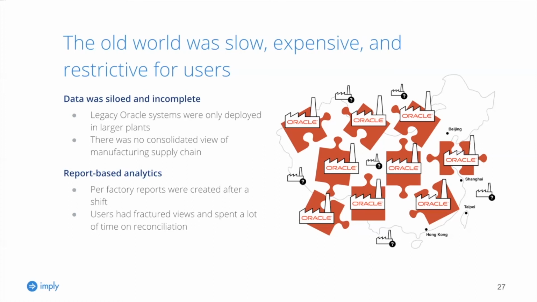All the reports were being generated after a shift had completed, and these shifts run 24/7, with multiple shifts per day per plant. Someone had to consolidate all of this data so that users could have a consistent view rather than a fractured view, and they were spending a lot of time on reconciliation.